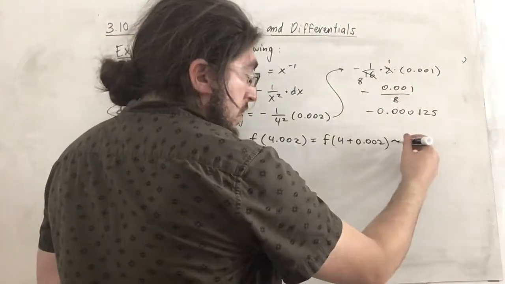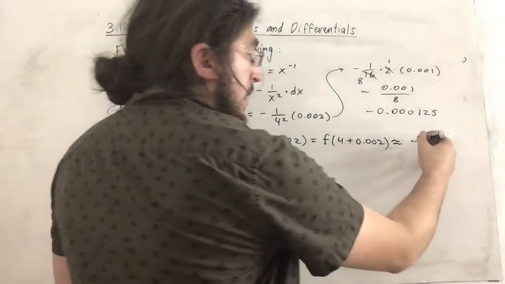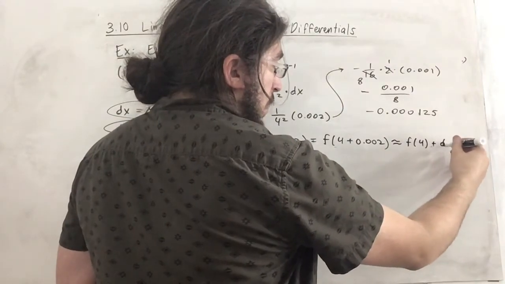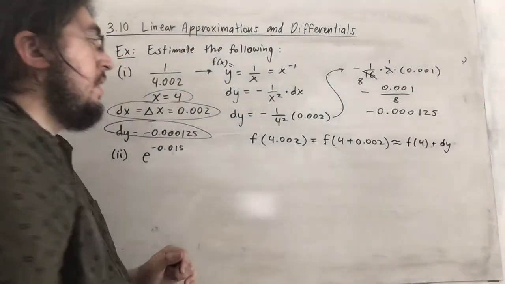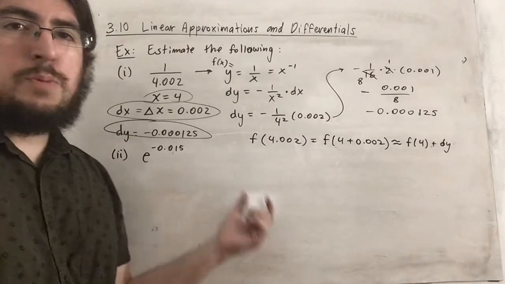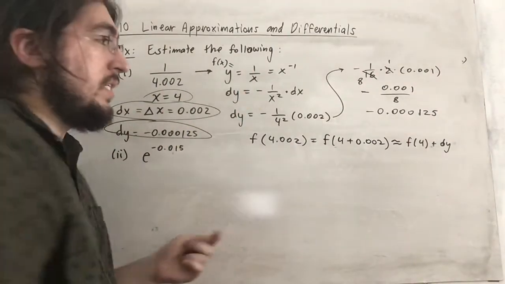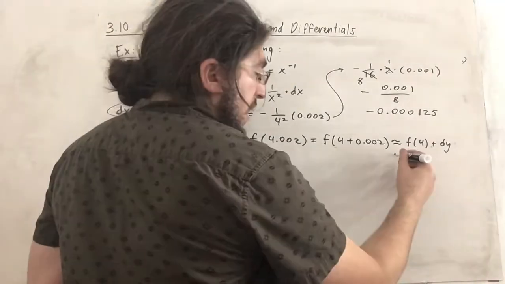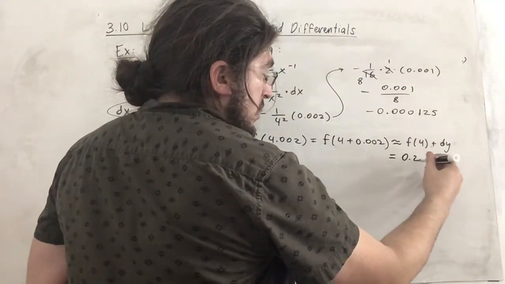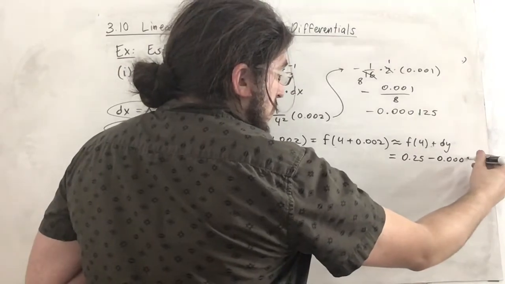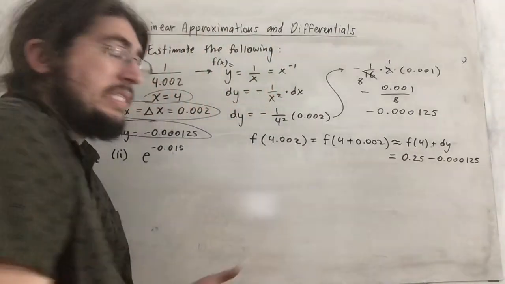And this, according to linear approximation, is approximately f of 4 plus dy. Now, f of 4, I hadn't spoken about earlier, but f of 4 is just 1 over 4 because it's the original function. 1 over 4 is 0.25, so this is going to give us 0.25, but now minus 0.000125 because dy is negative that.